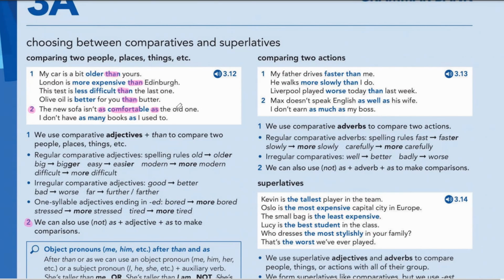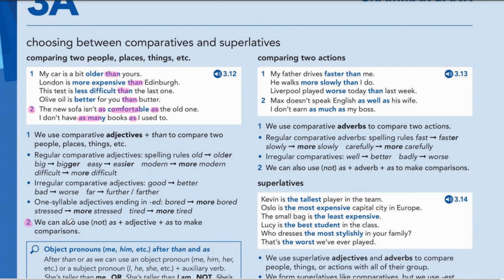That means the old one is more comfortable than the new one. I don't have as many books as I used to. You see, in old times, in the past, I used to have more books than now, right?